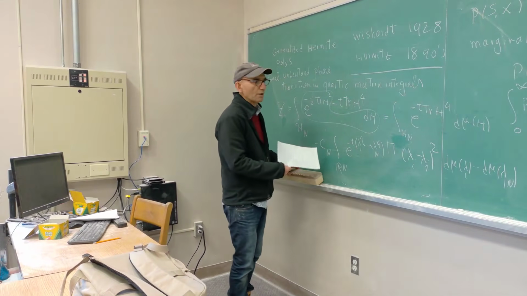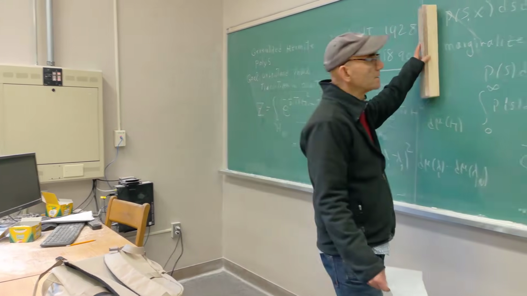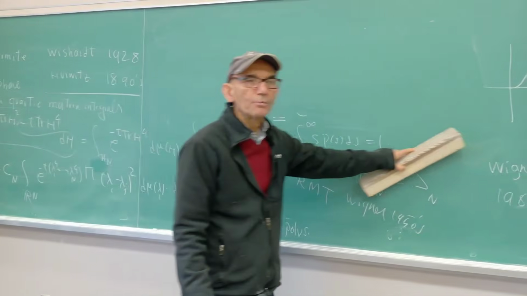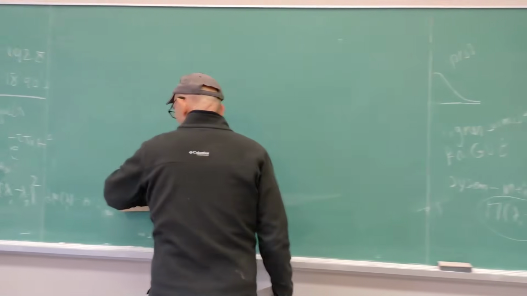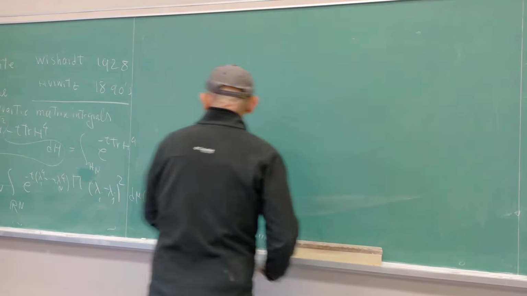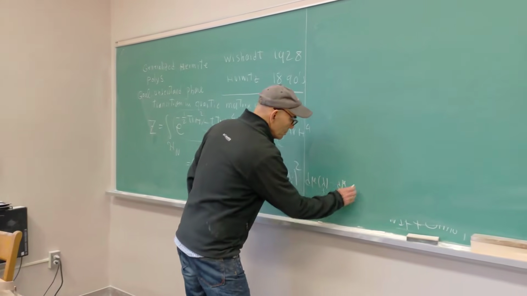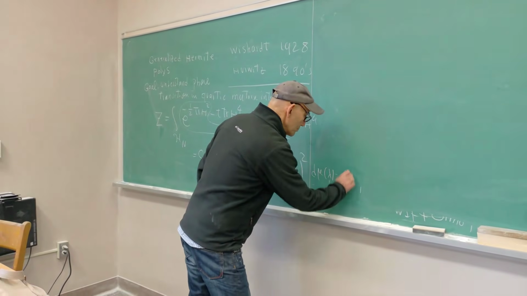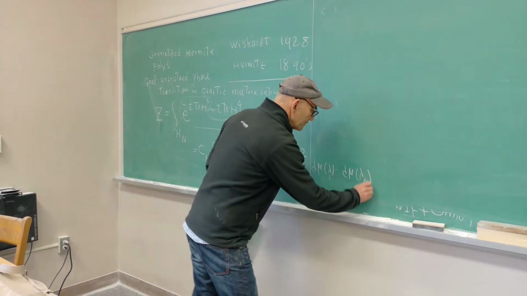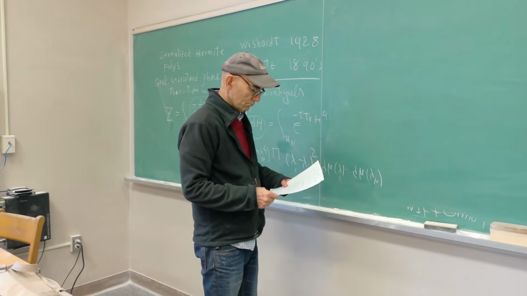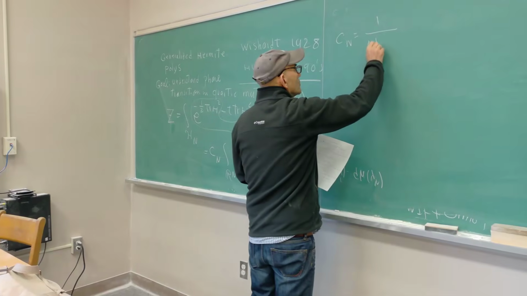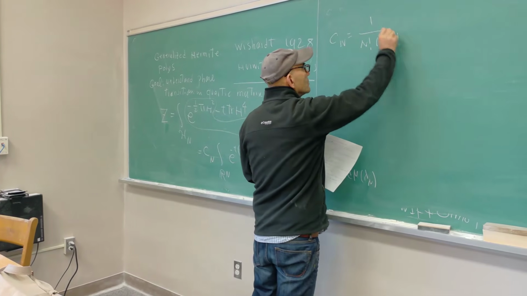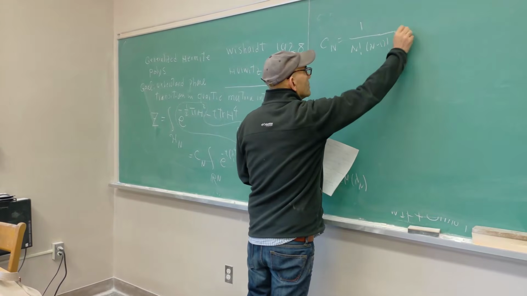So Cn, of course, we know, we calculated this Cn, the constant term before, is 1 over the product of factorials, essentially. Cn is 1 over n minus 1 factorial, ... 1 factorial.